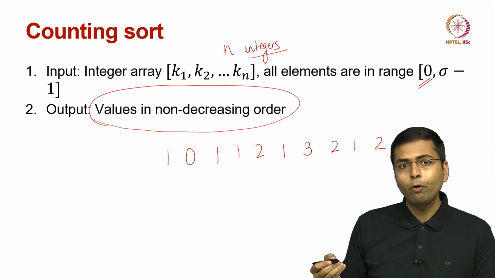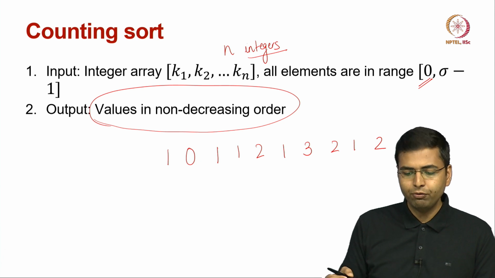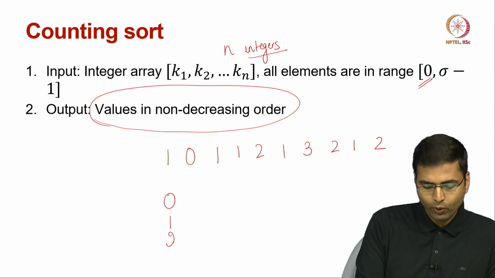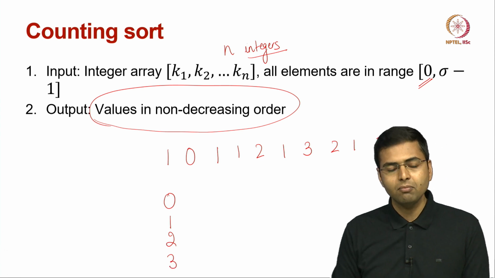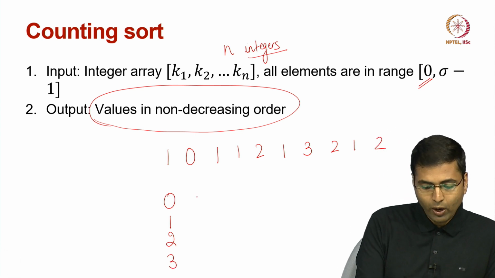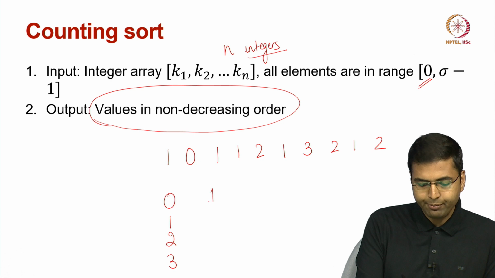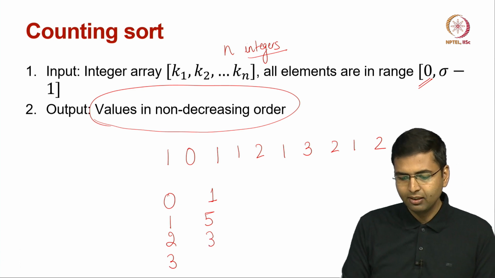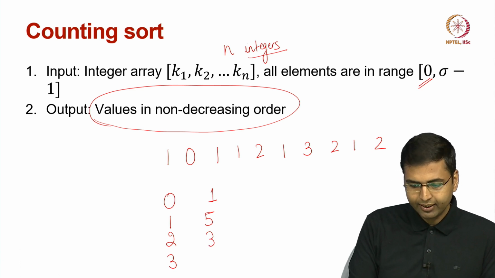As a first step I am going to count the frequency of distinct elements. In this case the distinct elements are 0, 1, 2, 3. 0 occurs 1 time, 1 occurs 5 times, 2 occurs 3 times, and finally 3 occurs only 1 time.